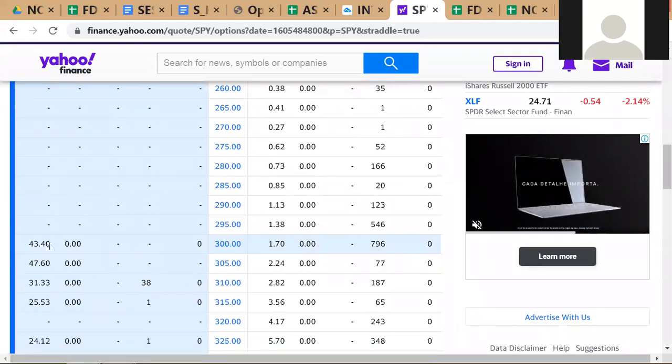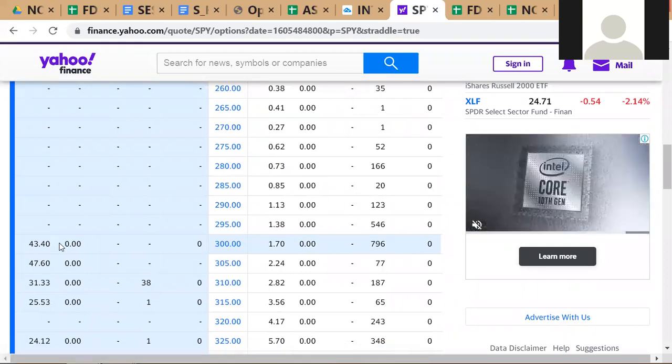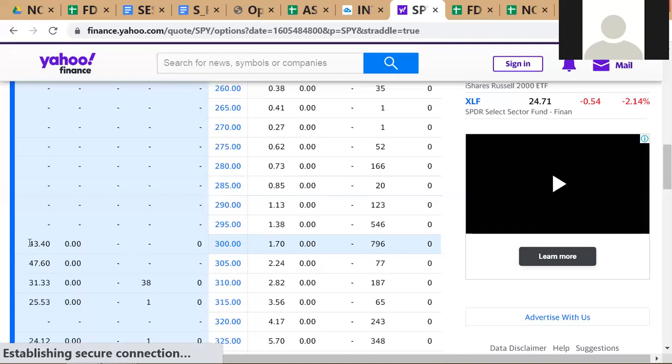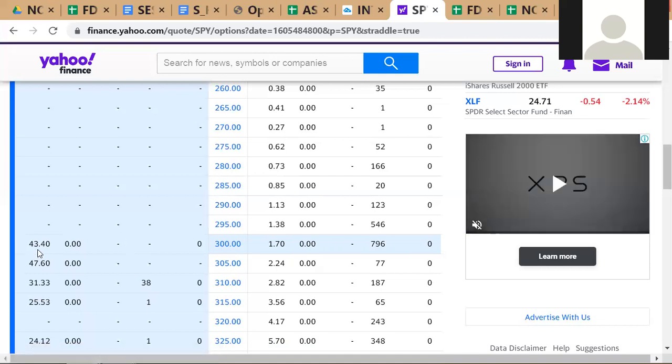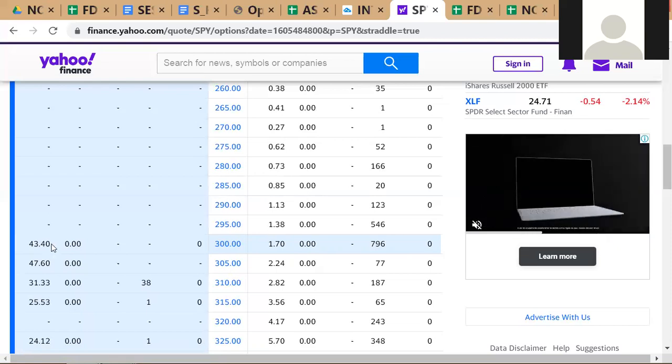So when you look at the total price of the 300 call, you have to multiply this by 100. So if you buy one contract of the 300 call, not including commissions, you will have to pay 43.4 times 100. Okay, so 4,340.